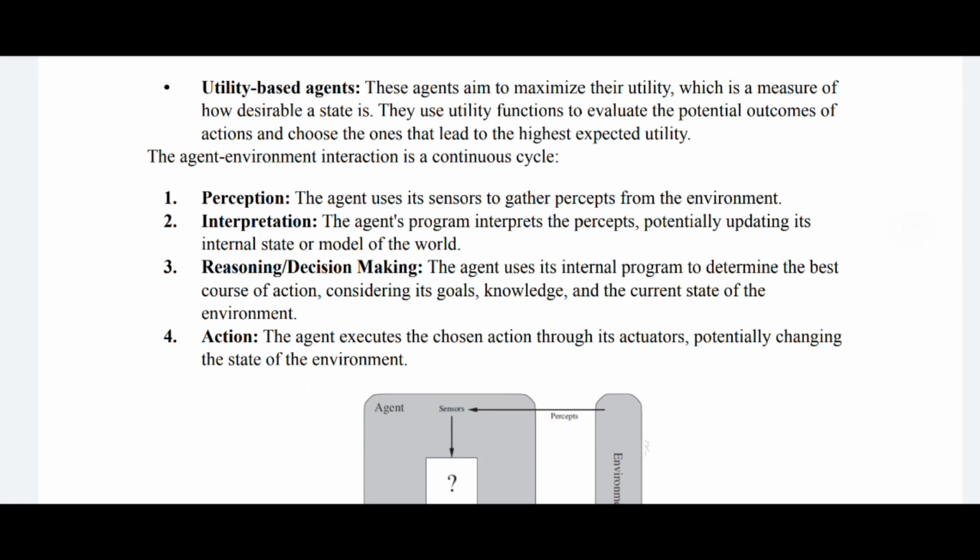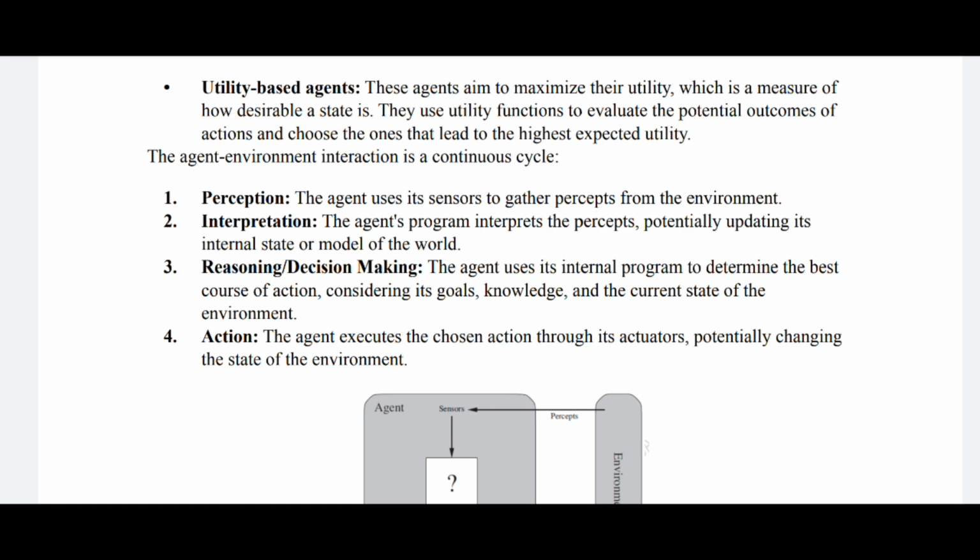Here is perception. The agent uses its sensors to gather and perceive the environment. Then interpretation: the agent program interprets the percepts, potentially updating its internal state or model of the world. Before, I told that sensors gather the percepts of the environment, so they gather information from the sensors.